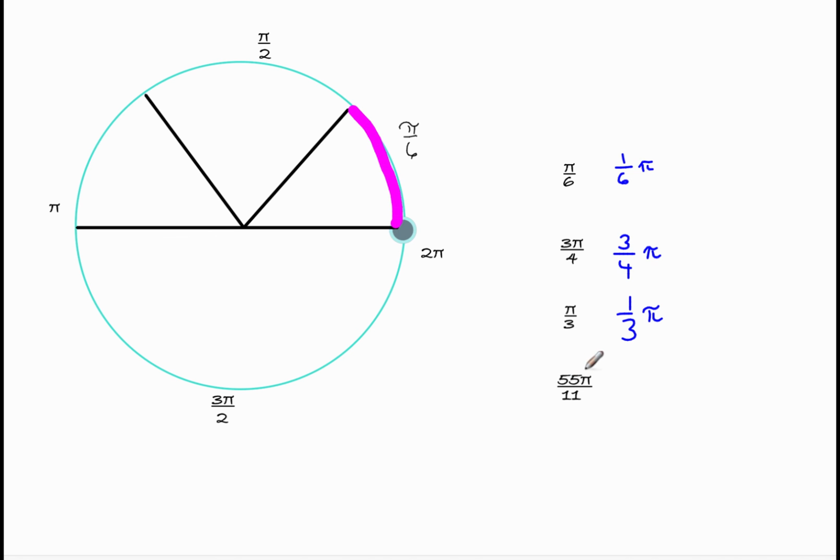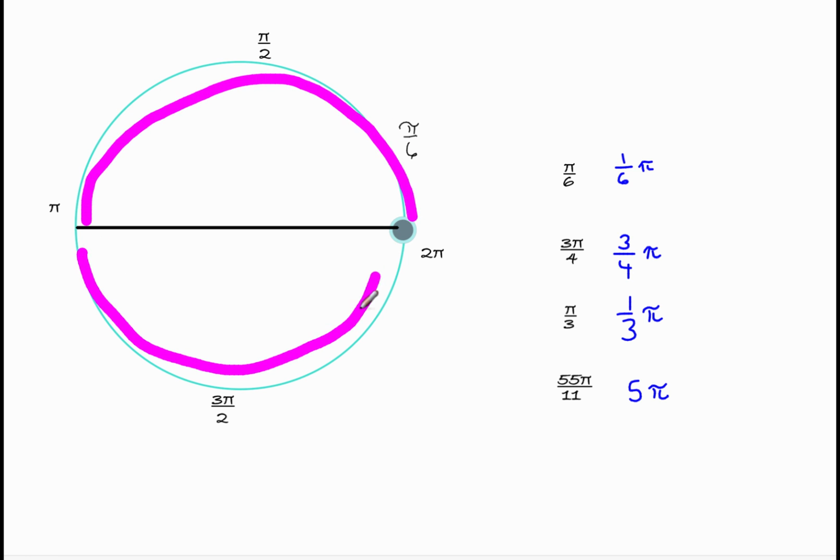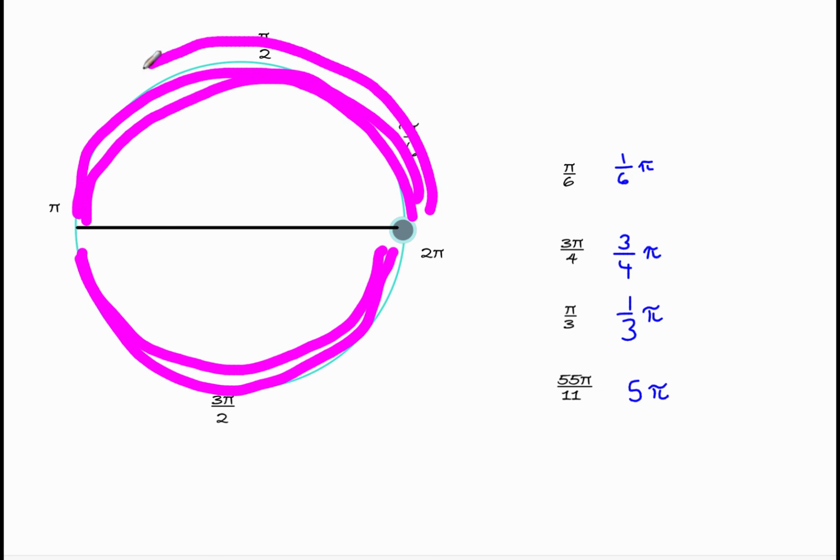So when I get to something like 55 pi over 11, well, I can reduce it, that's 5 pies. So if I traveled 5 pies, well, let's clean this up. And this is what I got. 55 pi over 11 is 5 pies. So here's 1, 2, 3, 4, 5. That's where 5 pies would be.